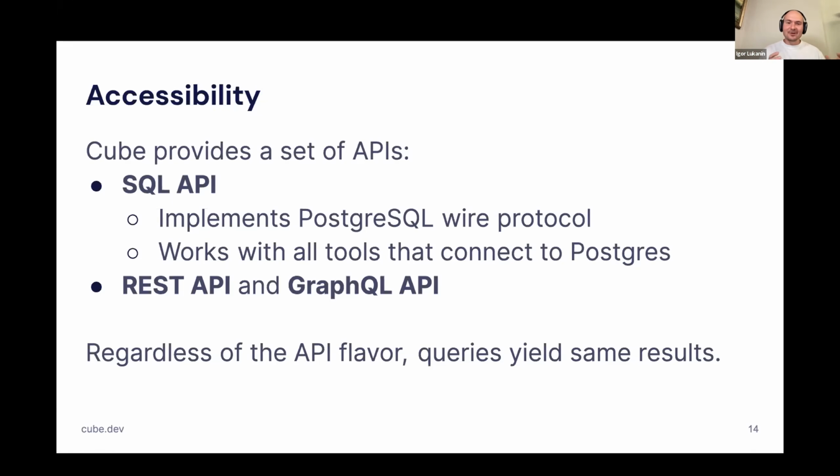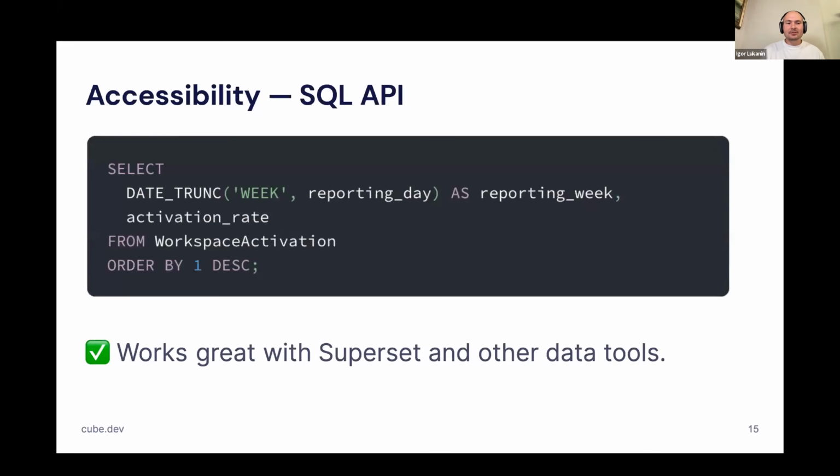So if any data tool works with Postgres, it's safe to assume it works with Cube. You're able to maybe write your queries by hand, like the query you can see on the slide. You can let your BI tool like Superset generate those queries for you, and the Cube SQL API will just work with those queries and serve the data that you expect it to serve.